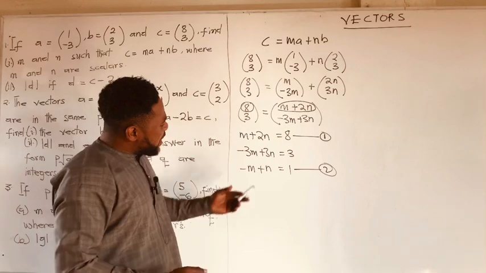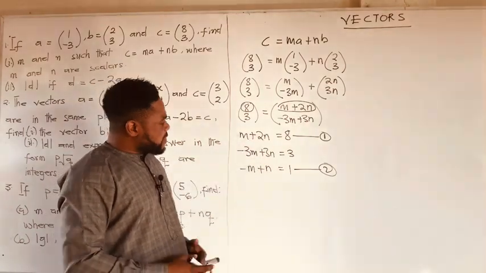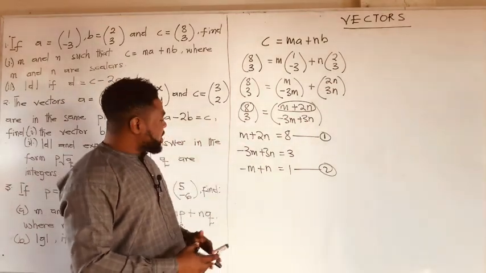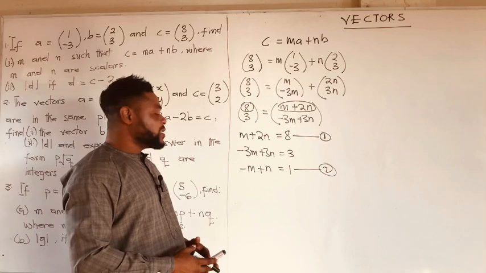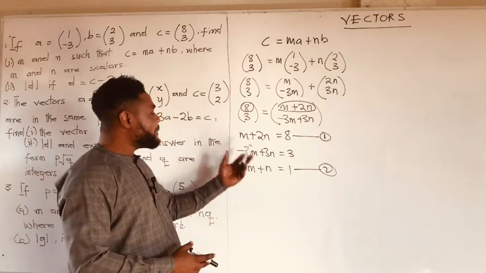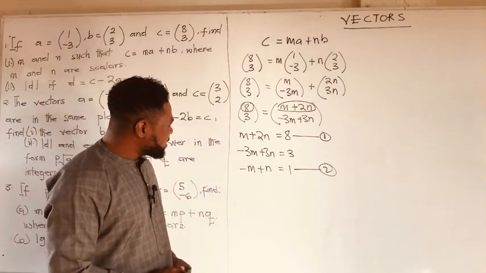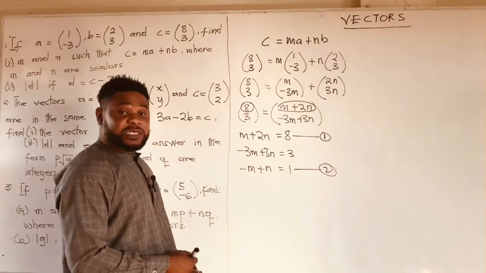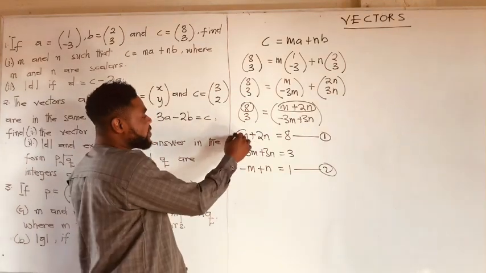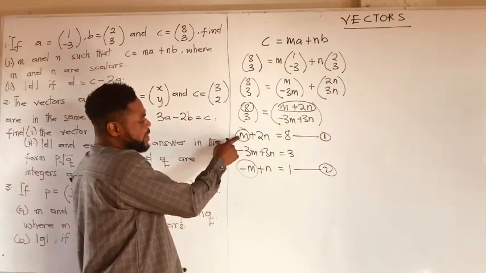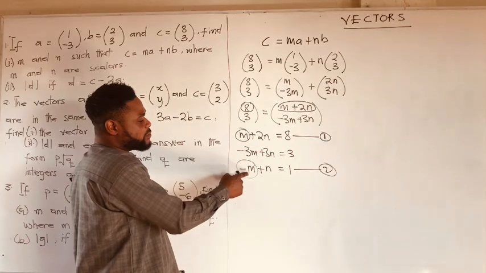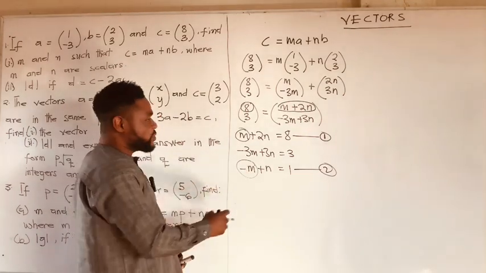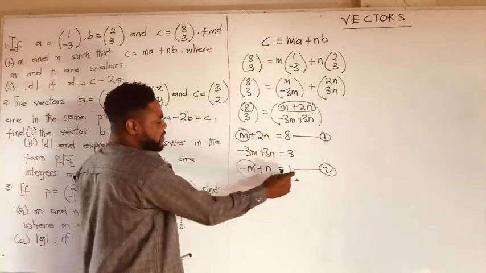All right. I have two equations on the board. I can use the elimination method or the substitution method to find my M and N. But the best method here would be the elimination method. We can eliminate our M because M plus minus M will give us 0. So I'll add equation 1 and equation 2.